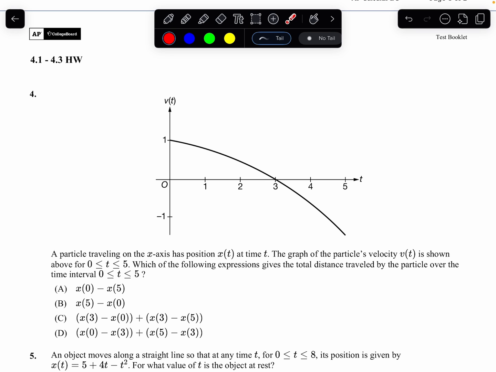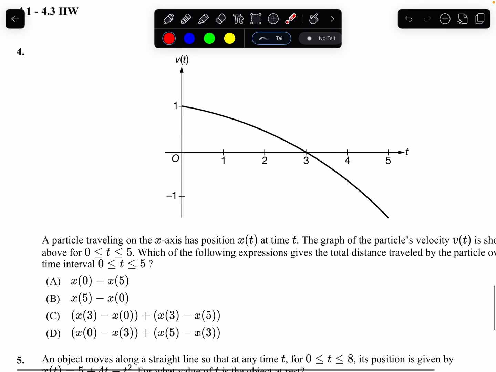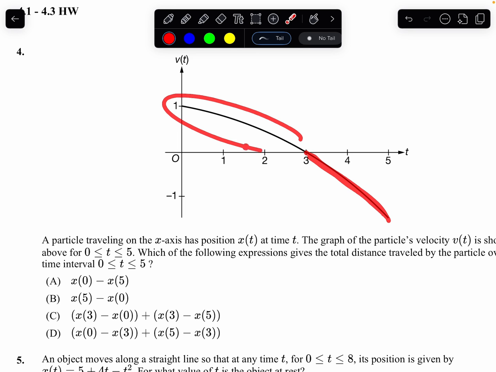If you remember, if velocity is positive, we're moving forward, and then we're moving backwards here. And what we want to keep in mind is that, yes, we are moving backwards here, but for distance traveled, I pretty much want to add both of these parts. I want to add what's going on here.